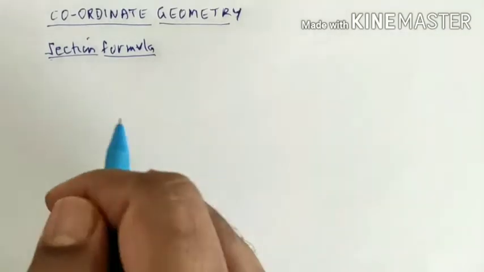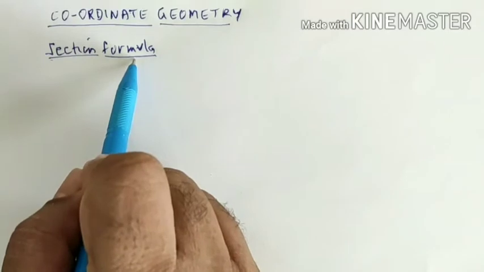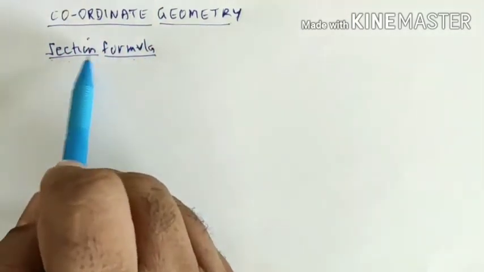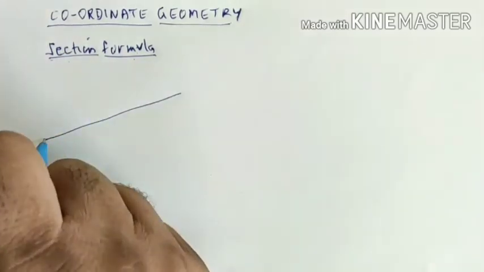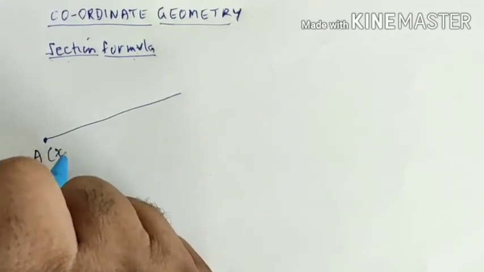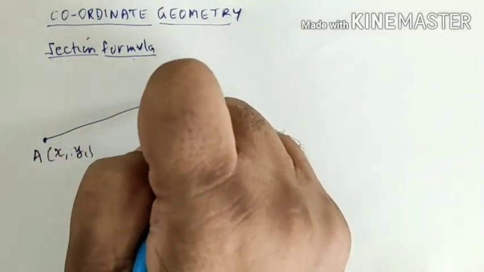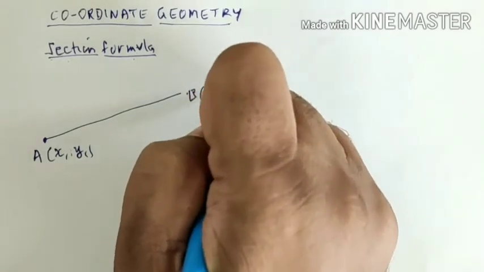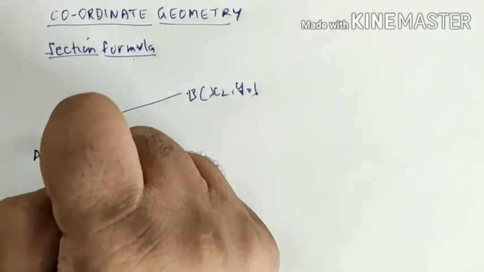Hello students, now we shall start section formula. We are continuing our chapter coordinate geometry, and now we shall see what is this section formula. Suppose we are having a point A whose coordinates are x1 comma y1, and one point B whose coordinates are x2 comma y2, and suppose one point P is there.